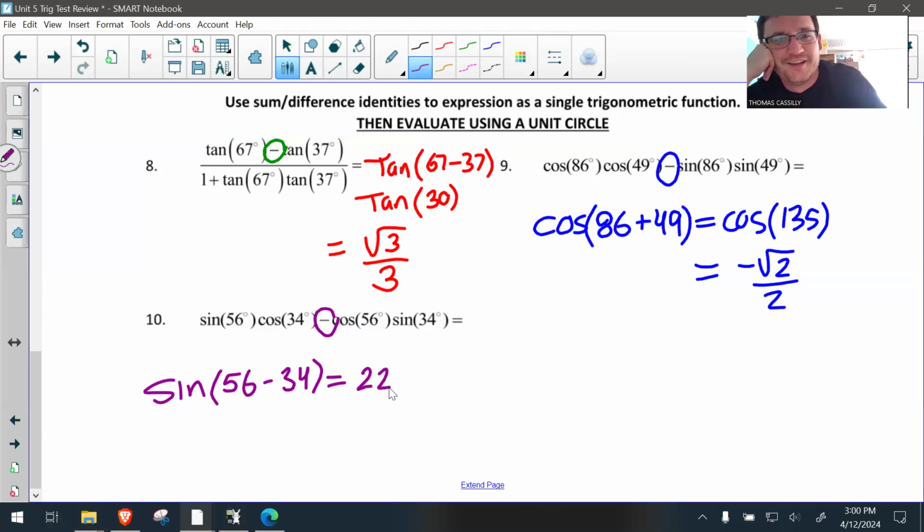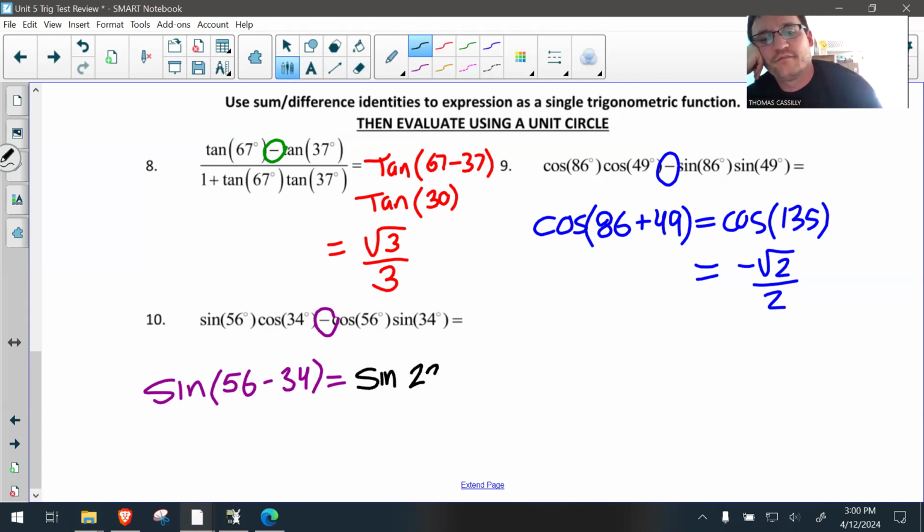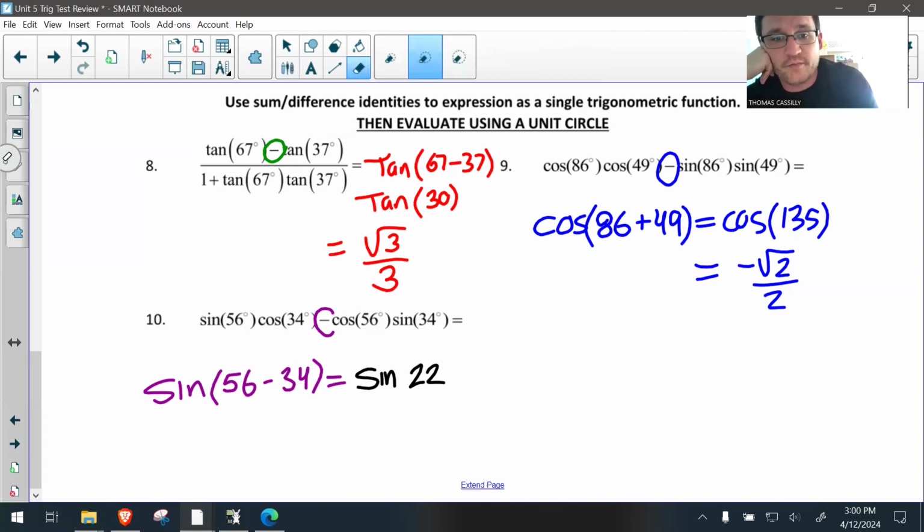That's not good. Evaluate using the unit circle. Yikes. All right, well, let's see here. What can we do? Did I mess up my formula? Sine, cosine. Yeah. All right, here's what we're going to do. There is a mistake on this problem.